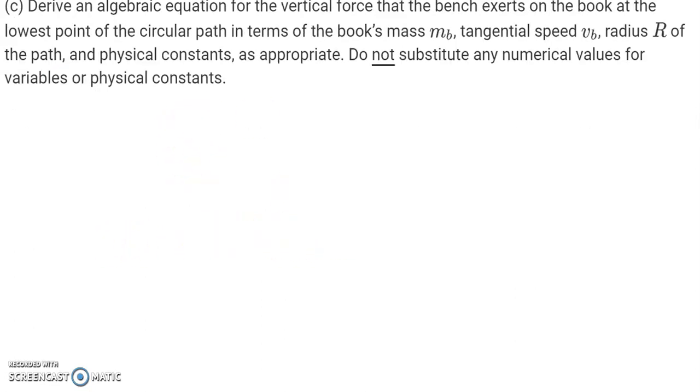Derive an equation for the vertical force that the bench exerts. So let's go to our trusty little equation here. The sum of the forces equals ma. These are centripetal forces, and this is centripetal acceleration. Remember, centripetal forces only point upward, towards the center of the circle, or away from the center of the circle.